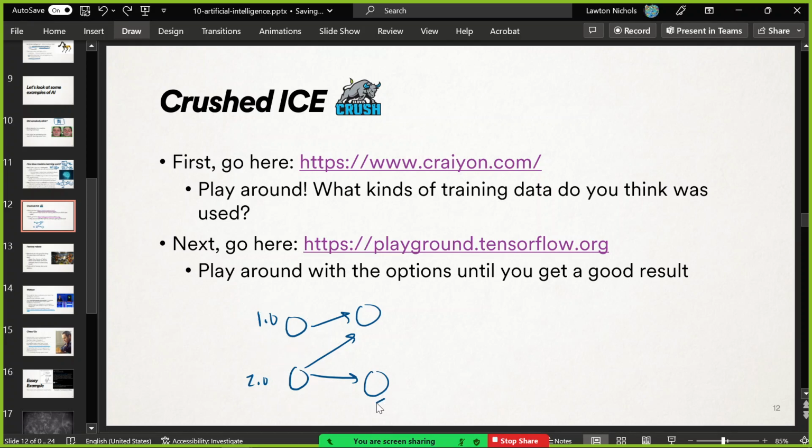This one's just going to be some function on top of 2.0. And this one is some function on the sum of the 1.0 and 2.0. So it's computing some answer, maybe bringing it back down, and you feed it in that way.